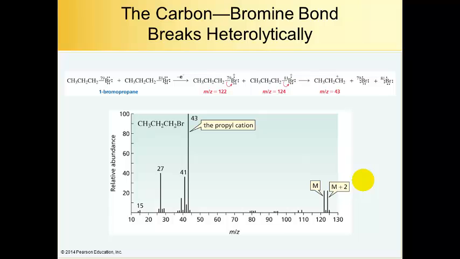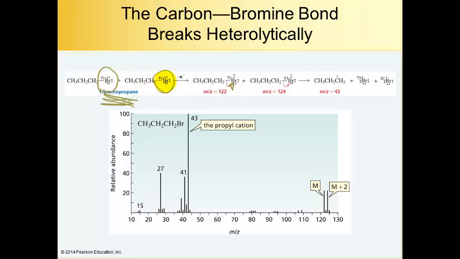So the carbon-bromine bond breaks heterolytically. If you recall, that means that both electrons go with the bromine. So we're going to be using the double-headed arrow. If we have 1-bromopropane here, there are examples where the bromine has a mass of 79, and there are examples where the bromine has 81.